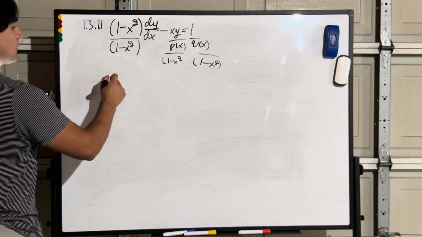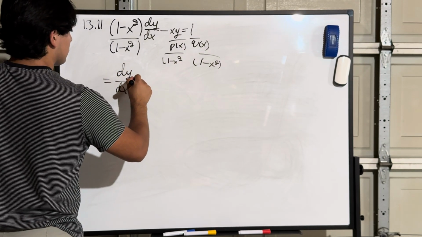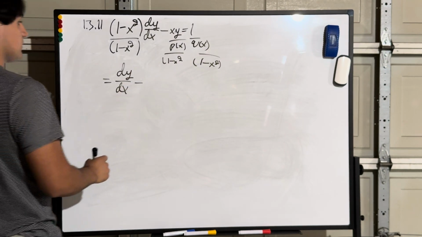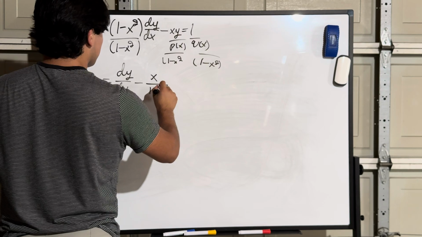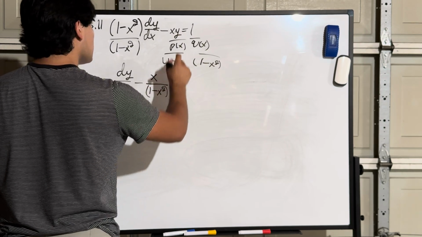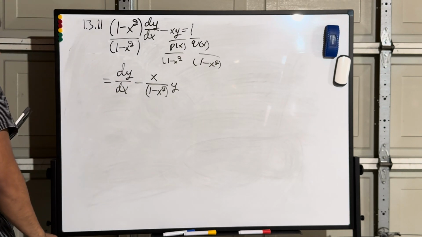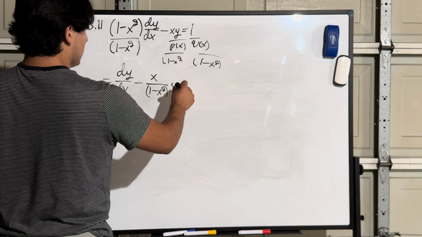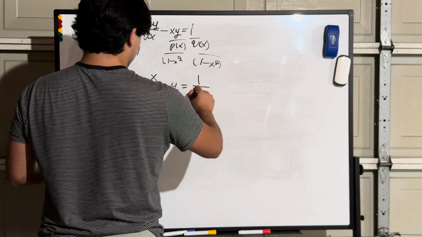We end up with dy dx minus x over 1 minus x squared times y is equal to 1 over 1 minus x squared.